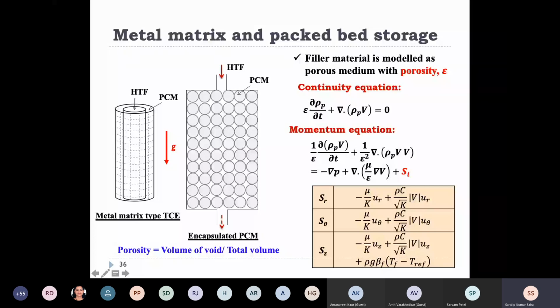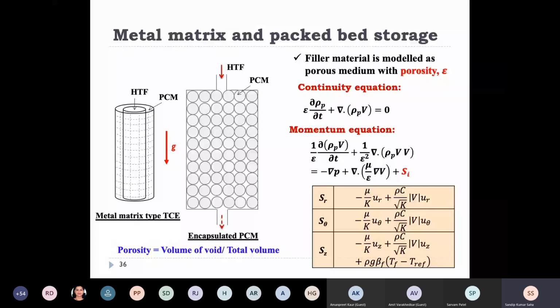In case of the metal matrix, the porosity is the void, within the pores, and within those voids the PCM sits. Whereas in the packed bed thermal storage, the solids are PCM and the voids are where the HTF, the heat transfer fluid, is flowing.